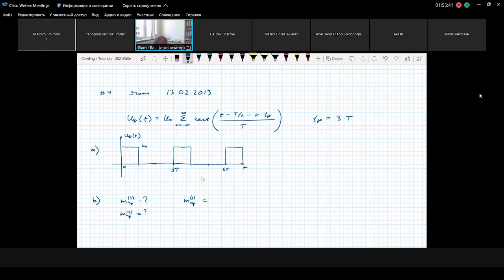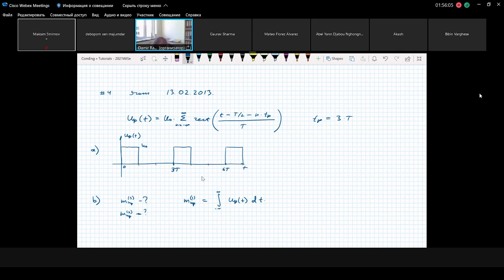It is nothing else than the mean value, the integral from minus infinity to infinity of our signal over time. And we just need to calculate the mean value.